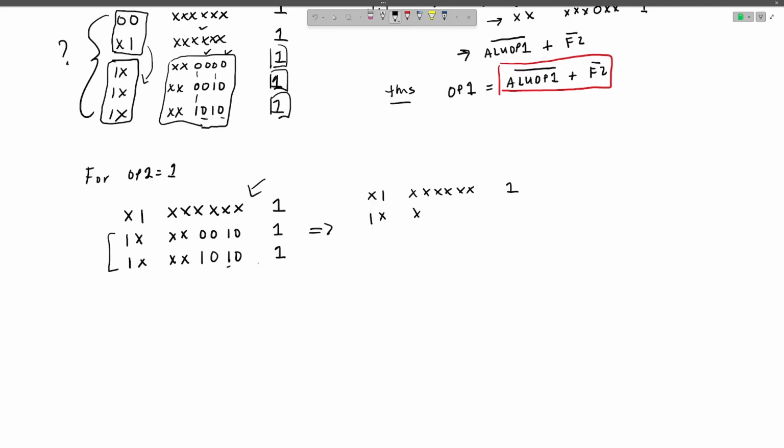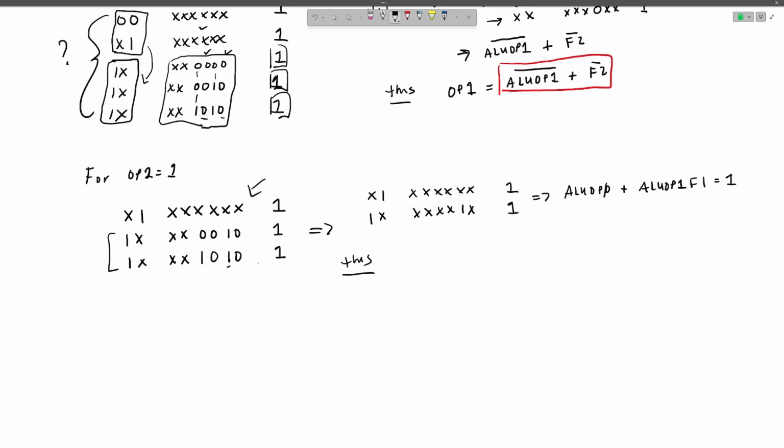So as long as this is a 1, then I should have a 1. And that is, for the first one, ALUOp0 or ALUOp1 ANDed with F1. And that should give me a 1.